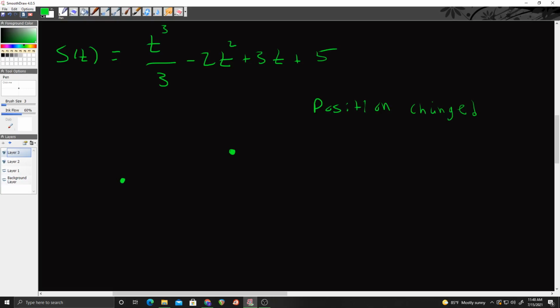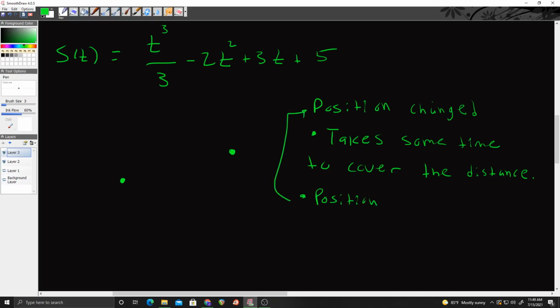So this thing takes some time to cover the distance. And then also this requires my position to change. Again, I've already put that here: position changed.